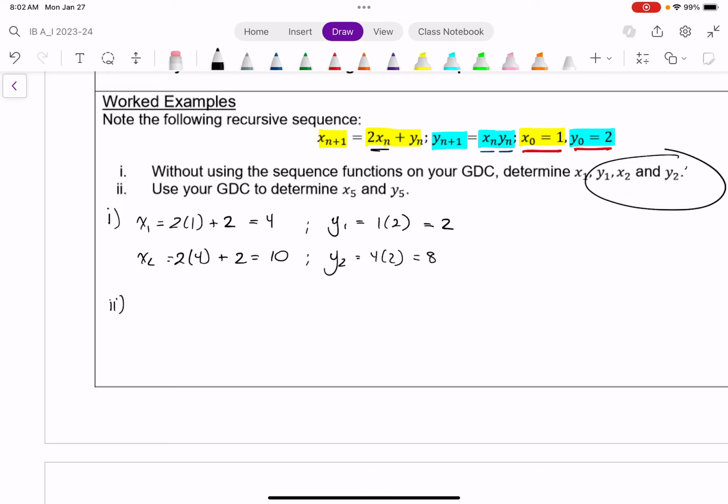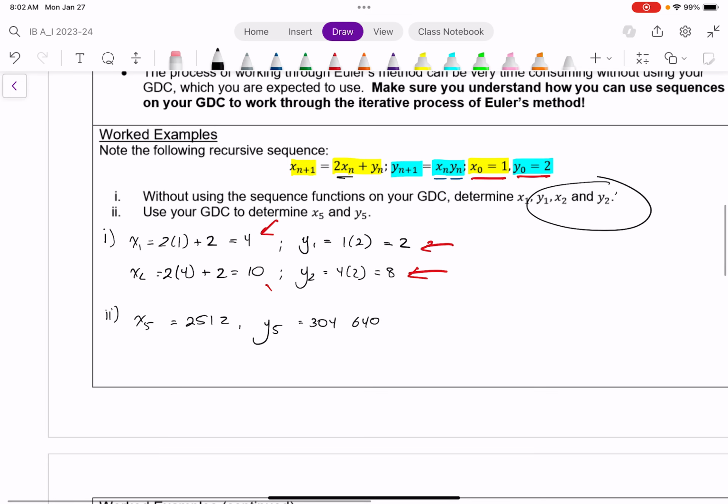When you do that for these equations, ideally first you'll see that the values we got before are correct. And then for x_5, the 6th term, because we're starting at x_0, you should get 2,512. And for y_5, you should get 304,640.